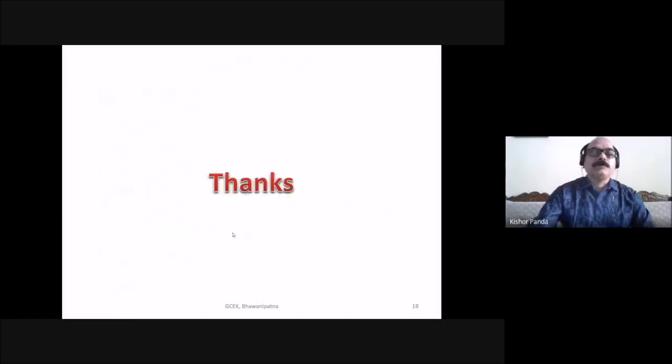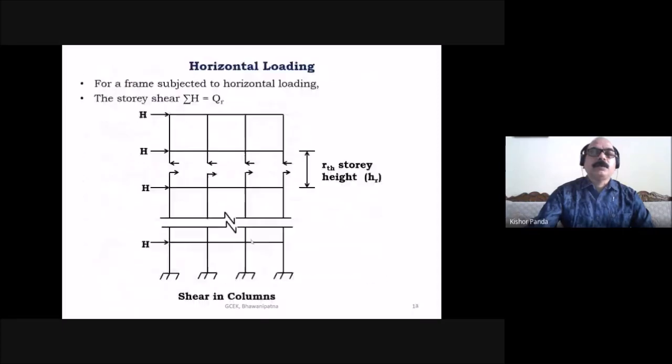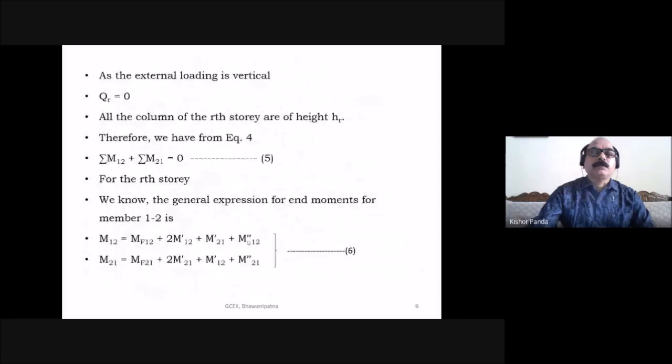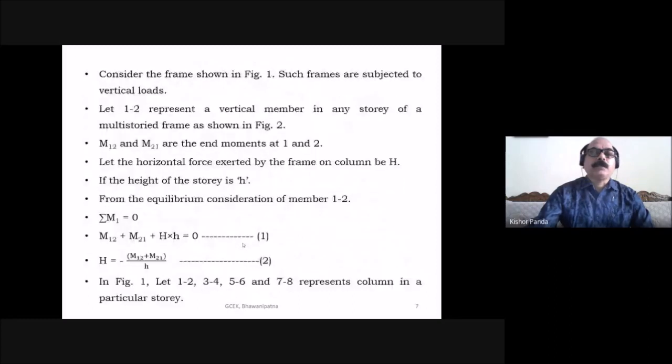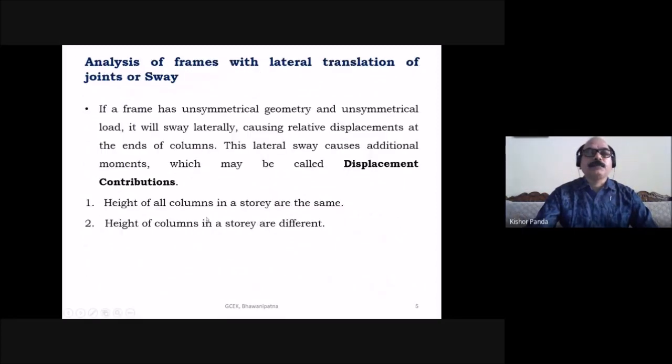This is all about the analysis of frames when translation of joints takes place, that is, when the vertical loading is acting and when the horizontal loading is acting. All are clear?